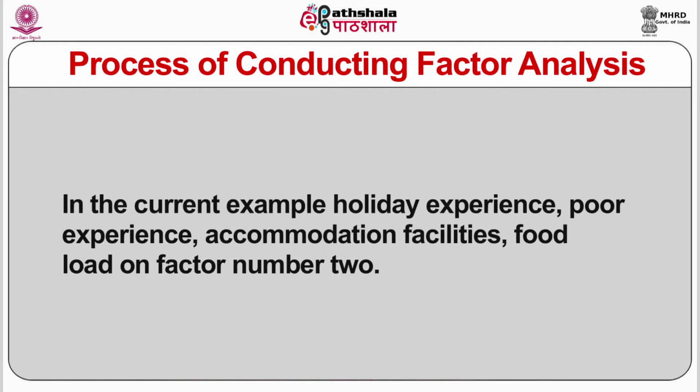In the current example, holiday experience, poor experience, accommodation facilities, food load on factor number 2, good beach, cleanliness and lifestyle load on factor number 1, safety, adventure and information load on factor number 3, heritage and souvenir load on factor number 4. This table therefore indicates which observed variables correlate to formulate latent variables.